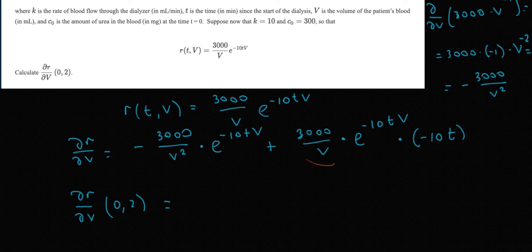Why? Well, because we're multiplying by t, and multiplying by 0 turns all of this into 0. And so we only need to worry about the first part, this part right here.